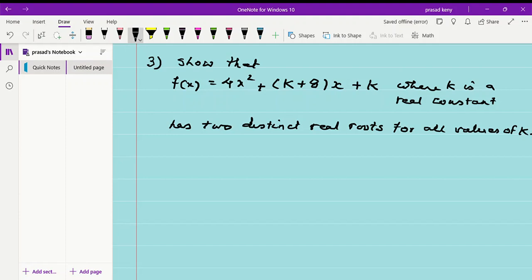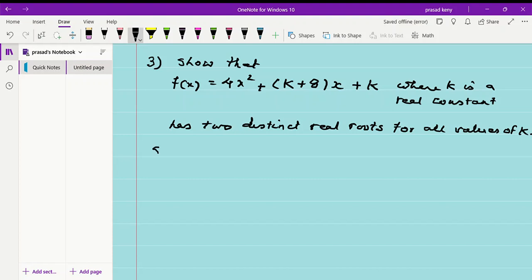Now don't get confused by k is a real constant. It means k is any real number, and we have to show that this quadratic equation has always two real distinct roots for any value of k.